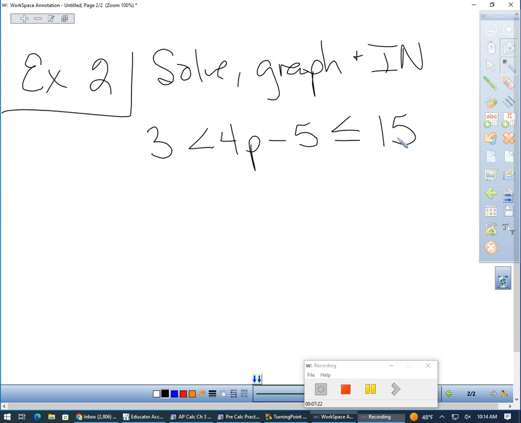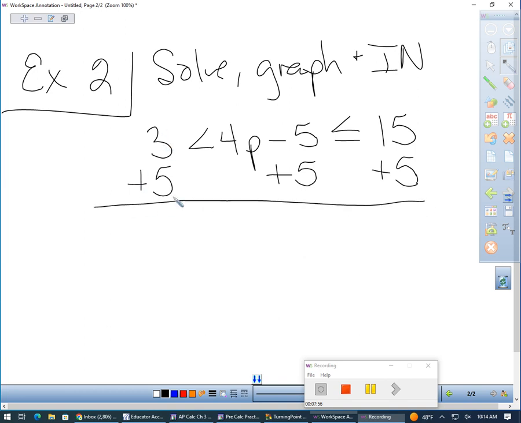All right? So in order to get p by itself, the first thing we have to do is get rid of this minus 5. How do I do that? Plus 5. And again, whatever I do to the middle, I have to do to both ends. So 3 plus 5 is 8. I have less than, still have 4p, less than or equal to 20.